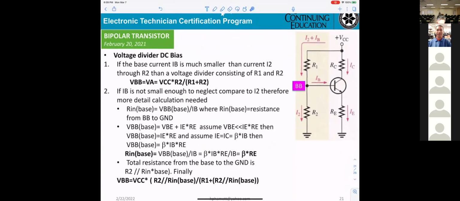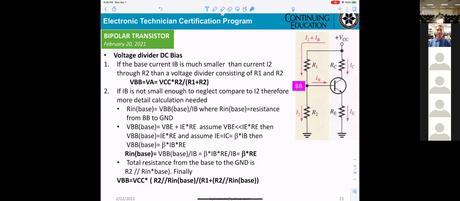Okay, let's see. If the base current IB is much smaller than the current I2 right here through R2, then we have a voltage divider consisting of R1 and R2.